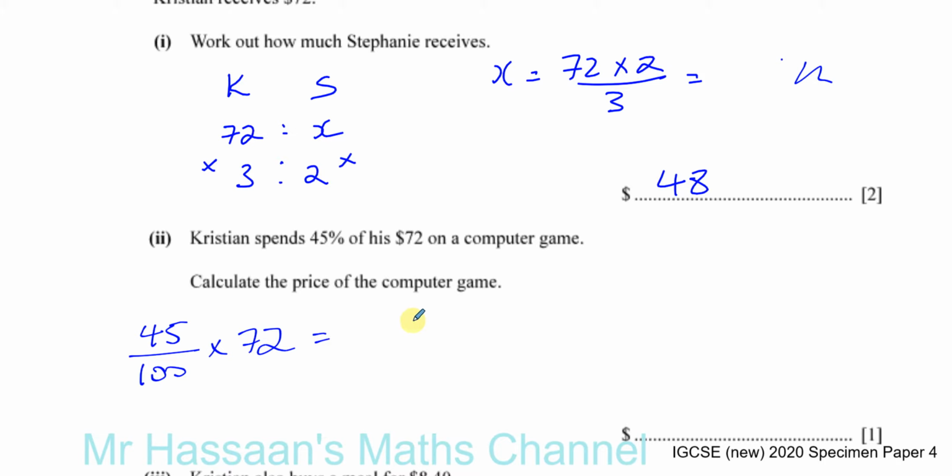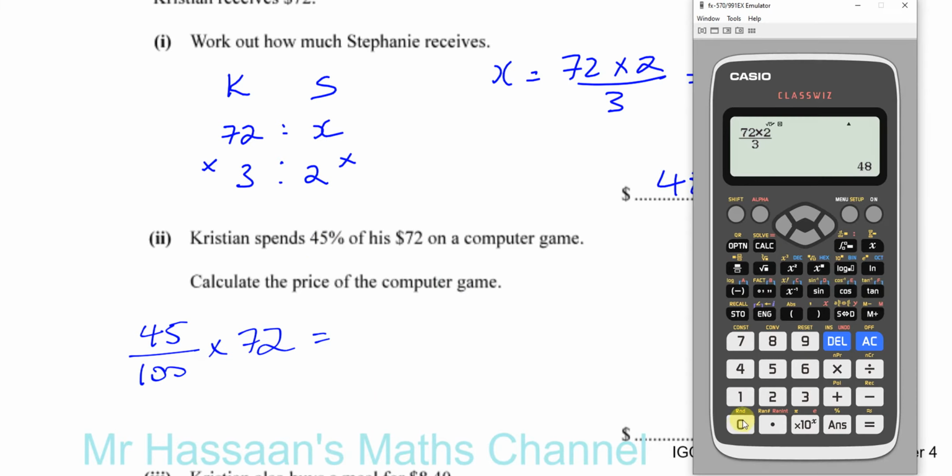Simple as that. So we can just do 0.45, which is the same as 45 over 100, multiplied by 72. And that gives us 162 over 5, which gives us 32.4.